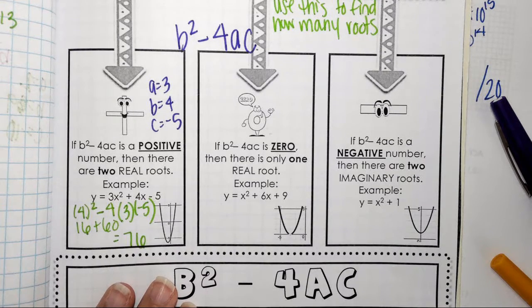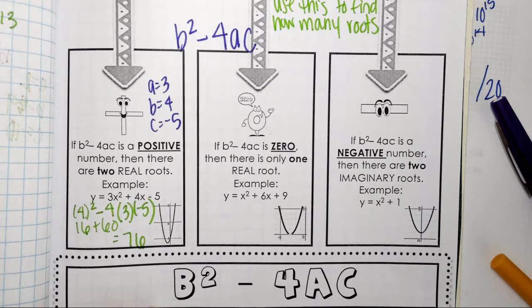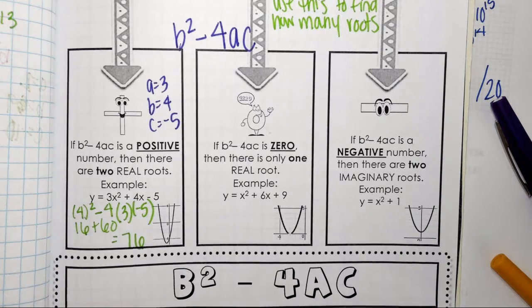If I wanted to find out what the actual numbers for the roots are, what would we have to use? Graph. We could graph, or we could complete the square, or we could use the quadratic formula.